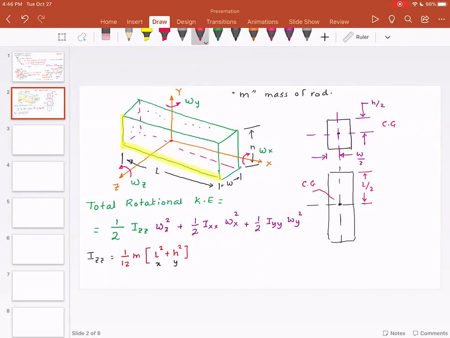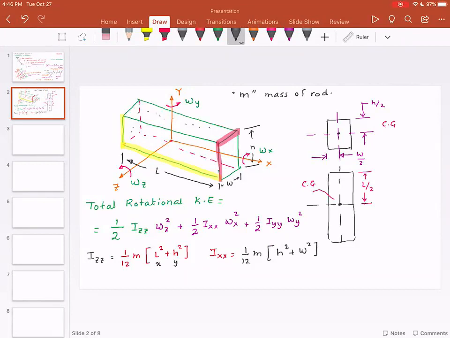Now let's look at IXX. For IXX, the two dimensions we are interested in, the perpendicular dimensions, are H and W. So IXX is 1 by 12 m times H square plus W square.